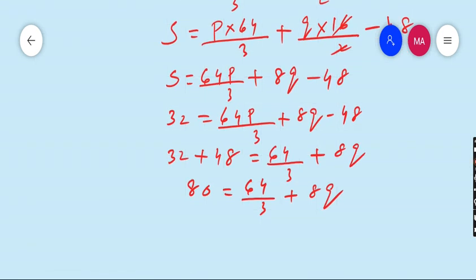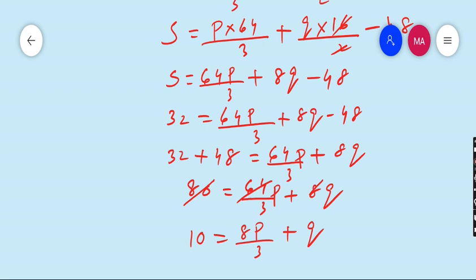Cancel the whole equation by 8. 8 tens are 80, 8 8s are 64, 8 ones are 8.